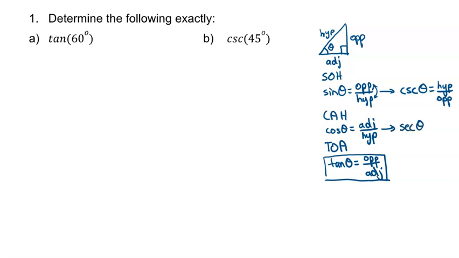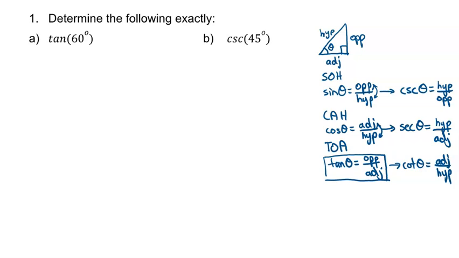That's 1 over cosine, which makes the hypotenuse and the adjacent side switch, so that's hypotenuse over adjacent. And then the reciprocal of tan is cotangent, which gives me adjacent over opposite. Those are the 6 identities that we need to be aware of, and we're going to use 2 of them here. Now, what about the 60 degrees and the 45 degrees?